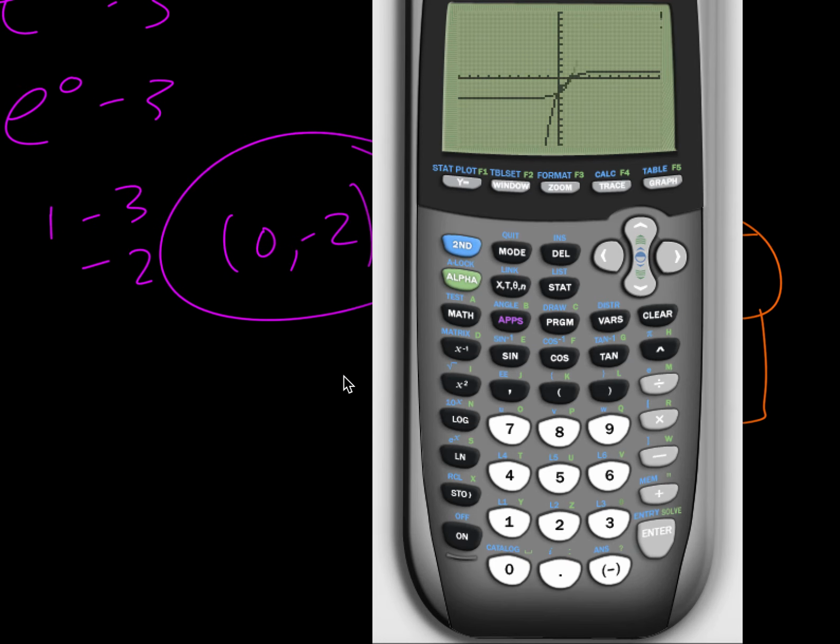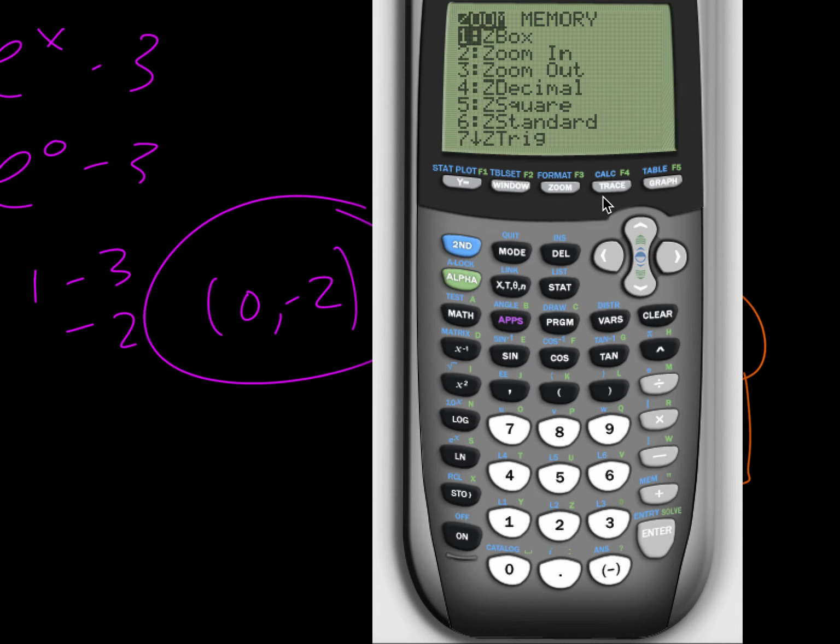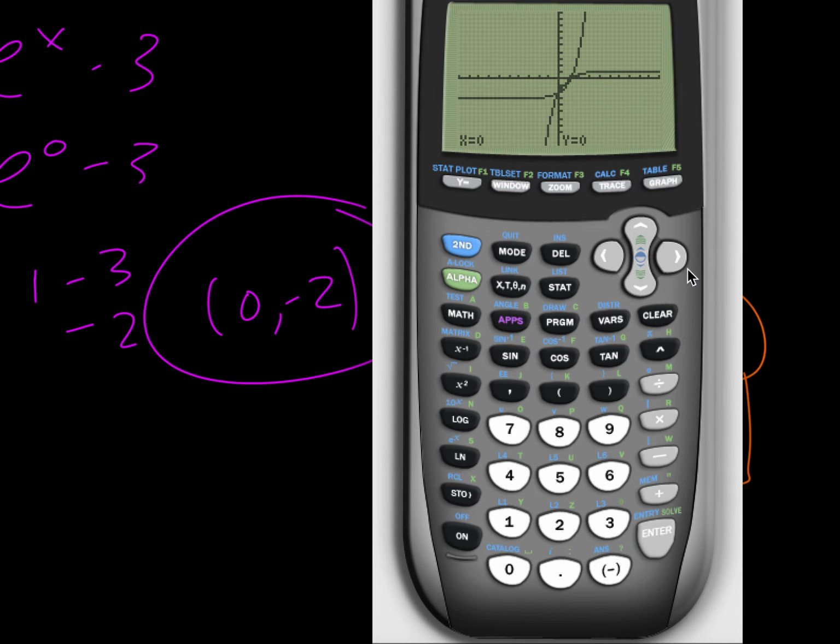We're hoping, if we did everything right, that those cross at those two places. Now, it's really hard to see. So I'm going to zoom in right there to see if we get a better picture of where they're crossing.